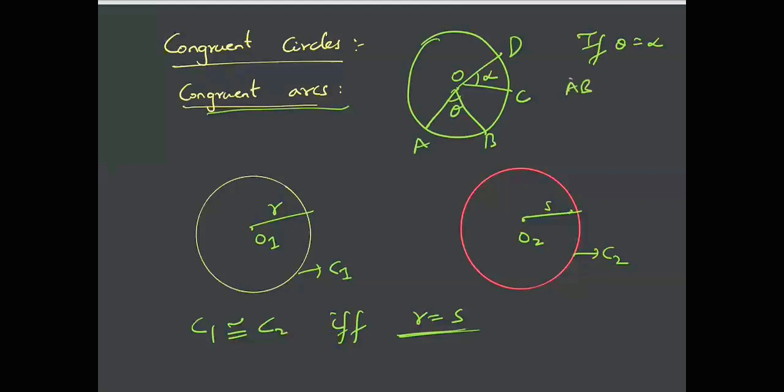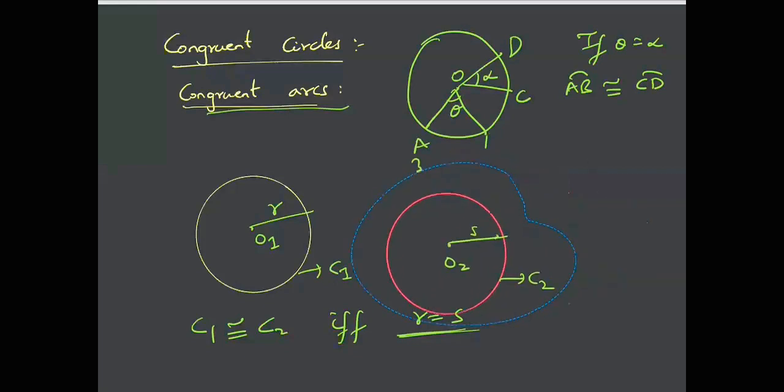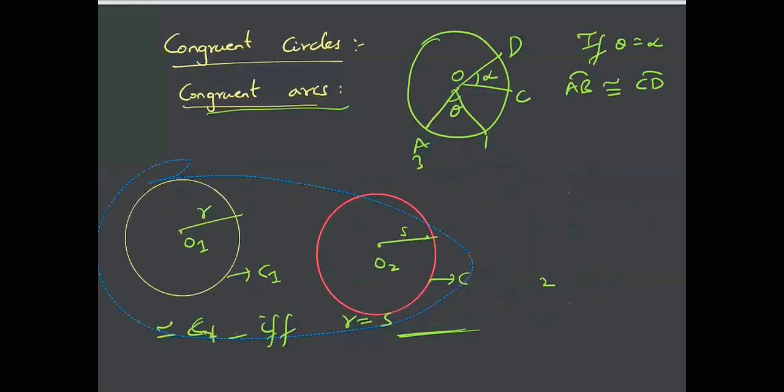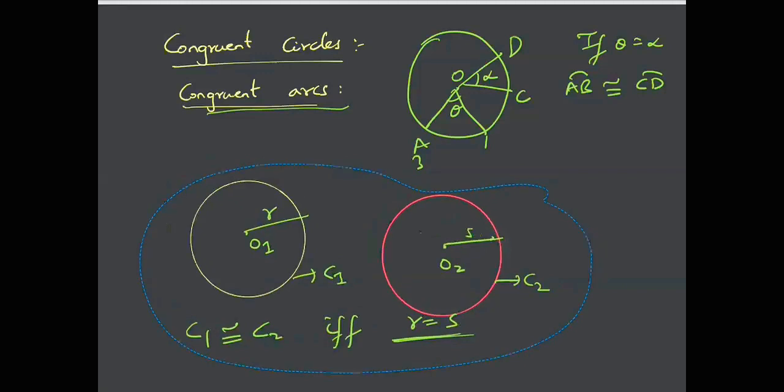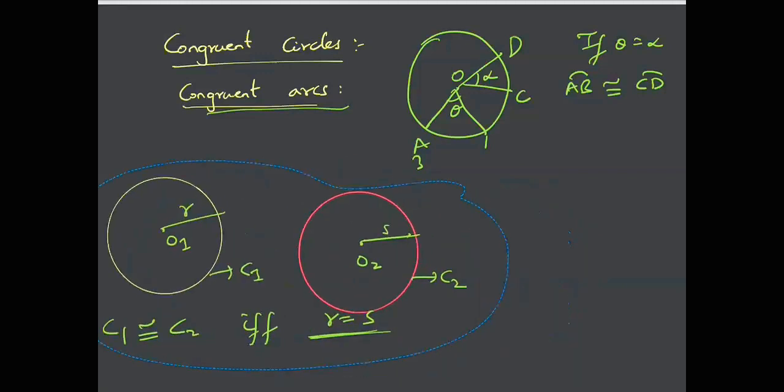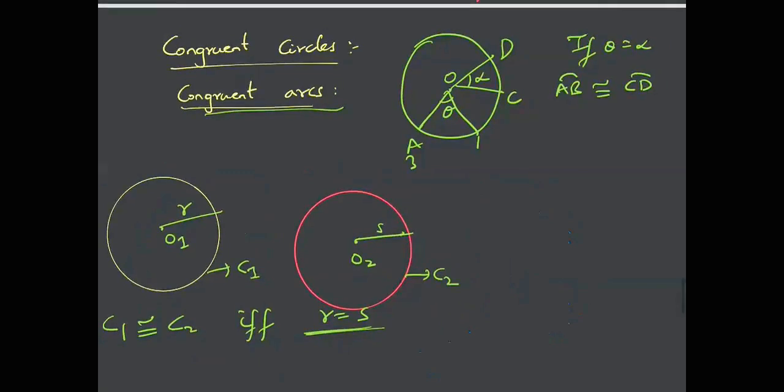So arc AB is congruent to arc CD if they subtend the same angles at the center. These two arcs need not be of the same circle itself. These two arcs can be of congruent circles.